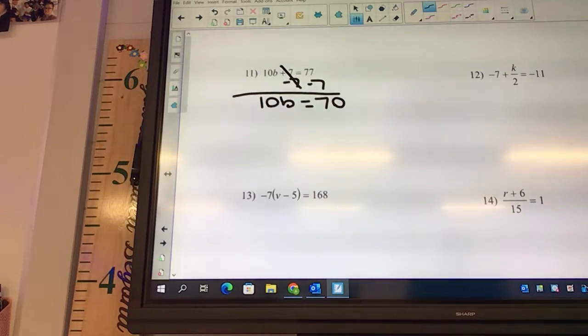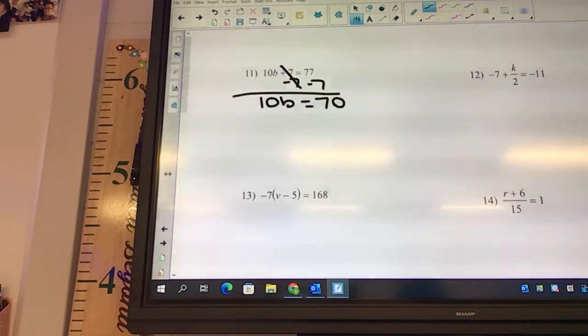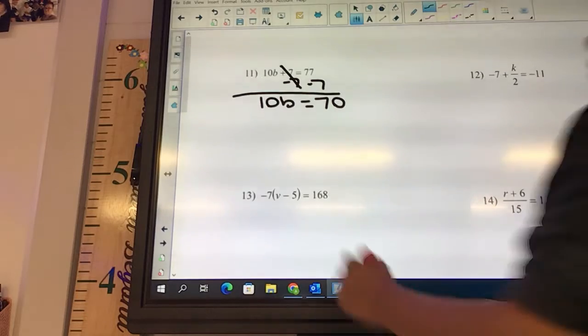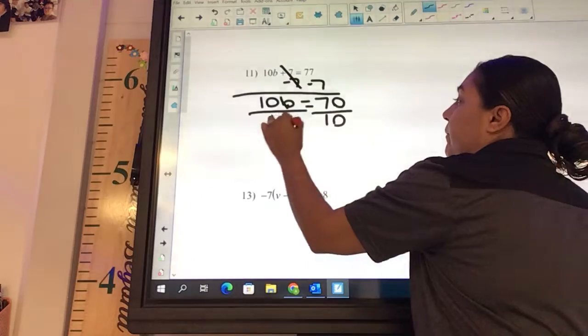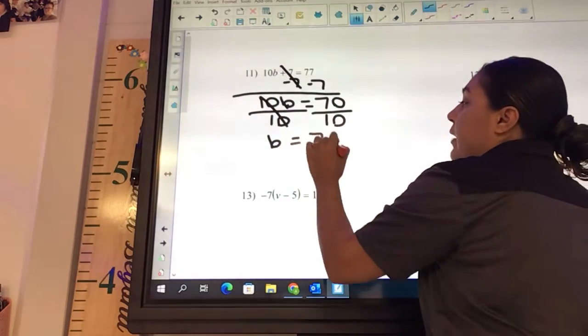Okay, and just for a reminder, what does 10b mean? It means multiplication, so we need to do what? Division. Okay, so we're going to divide both sides by 10. We get b equals what? 7.